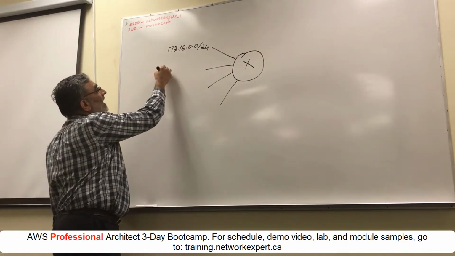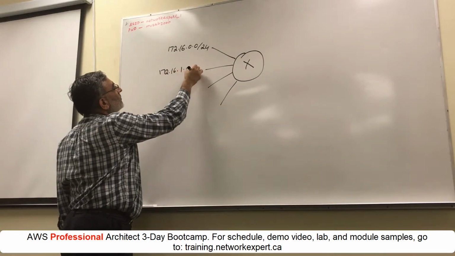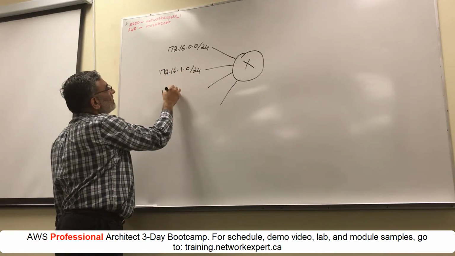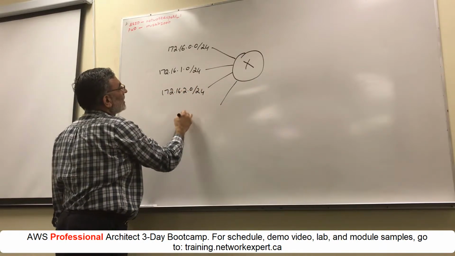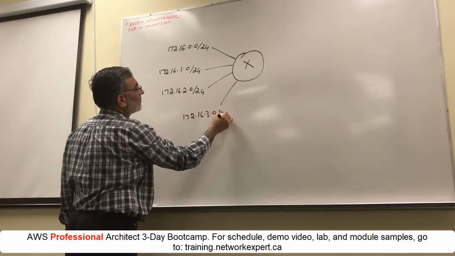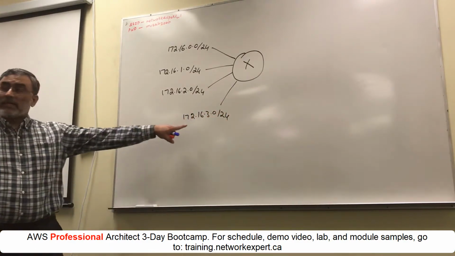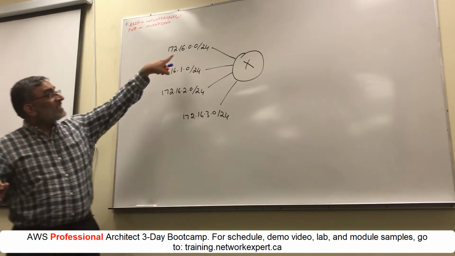The last 8 bits are the host portion. So the second subnet is 172.16.1.0/24. The third one is 172.16.2.0/24. And the fourth one is 172.16.3.0/24.